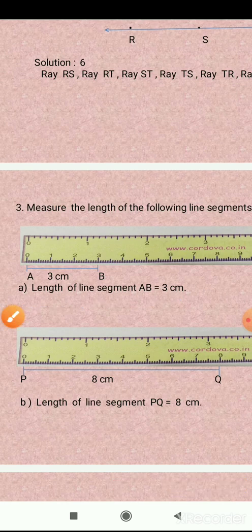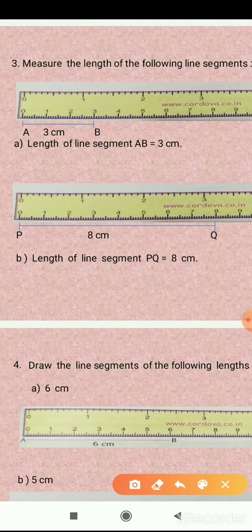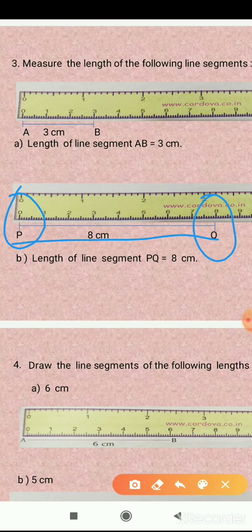Okay. Next line segment is PQ. So we have to find out the length of line segment PQ. So first, place the edge of the ruler showing the centimeter along the line segment PQ. Okay. Next, adjust the 0 mark on the ruler at point P. Now read the ruler at point Q. Okay, the reading of the ruler at point Q gives the length of line segment PQ.